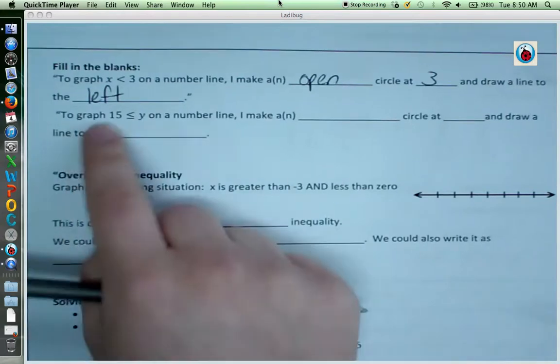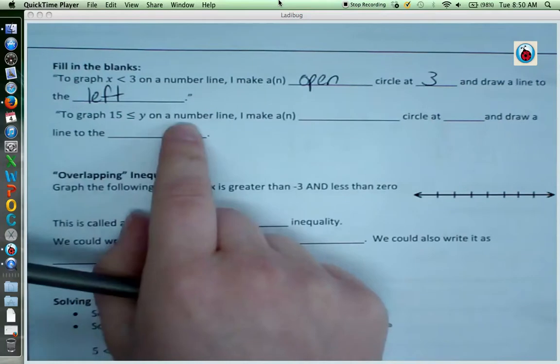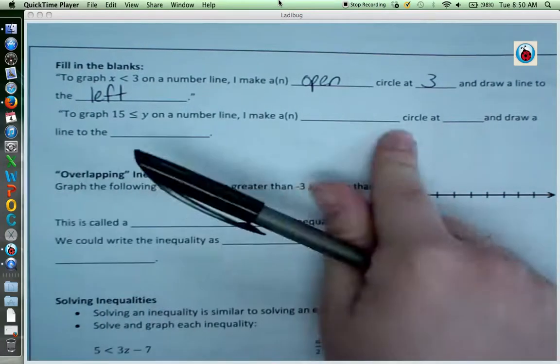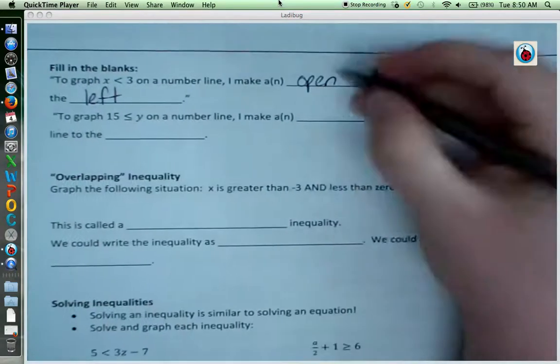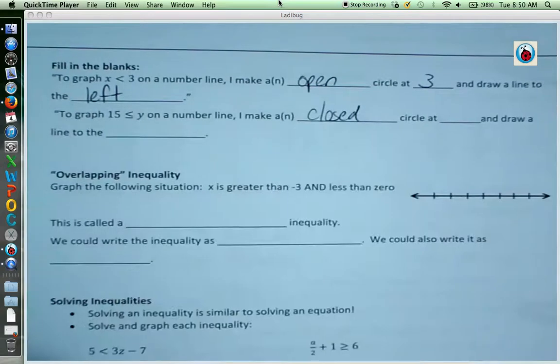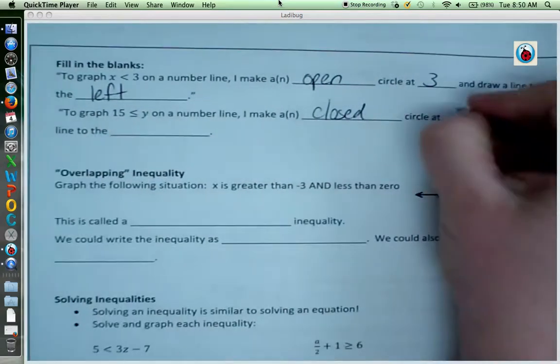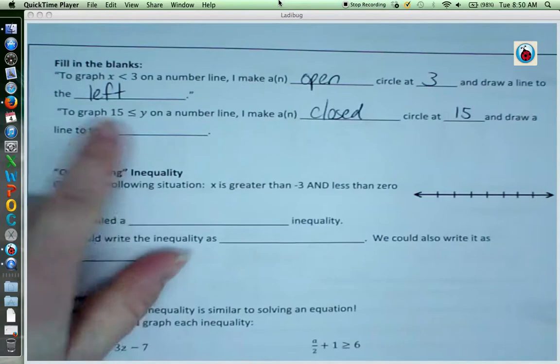To graph 15 is less than or equal to y on a number line, I'll make what kind of circle at what number? Well, because of the or equal to part, I'm going to draw a closed circle. And I'm going to do that at the number 15. 15 is my important number. And I want to think about all the numbers that y could possibly be to make this inequality true.